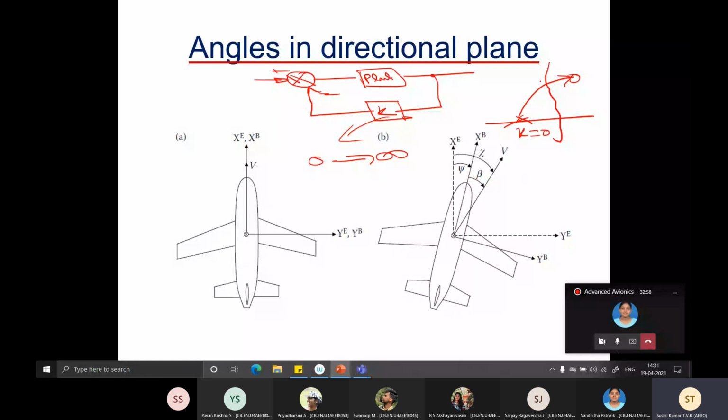Increase K, after some time it will cross the j omega axis. So in this region it is stable and on the right side it becomes unstable. So the system becomes unstable at large values of some parameter K.